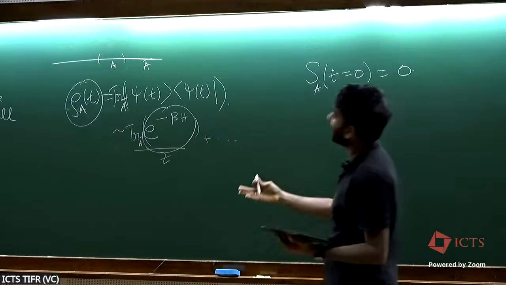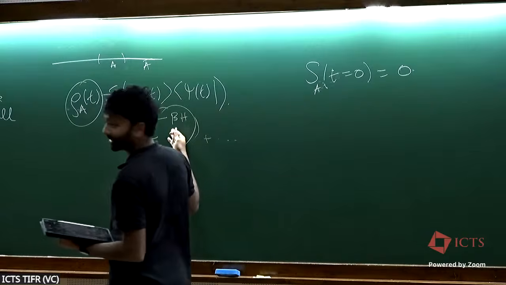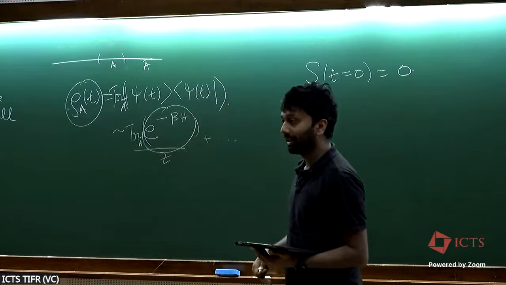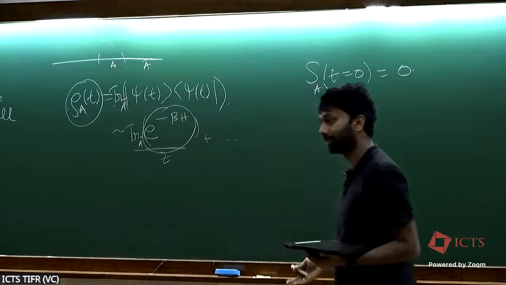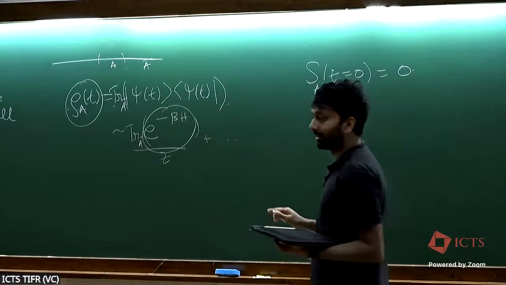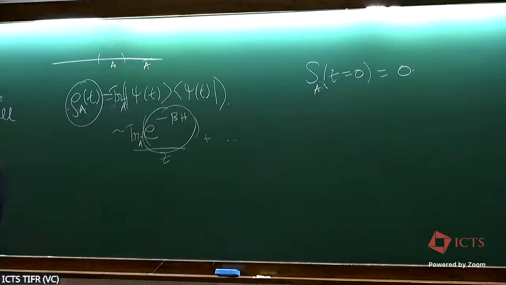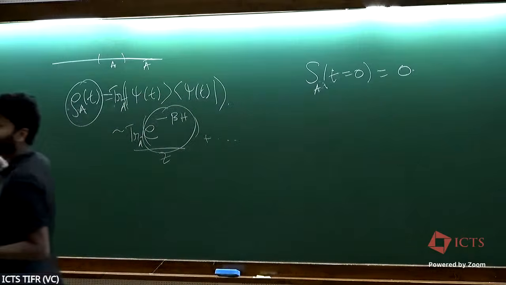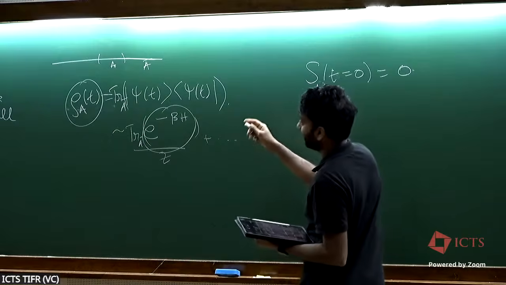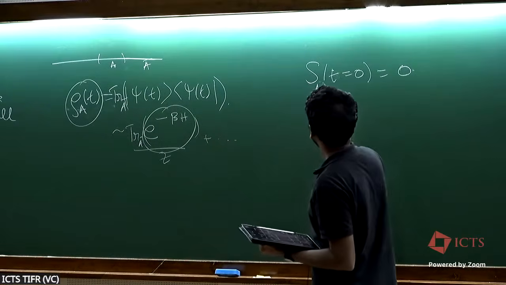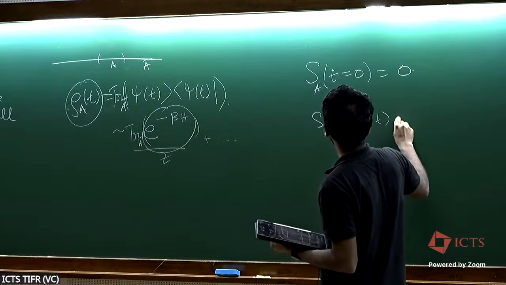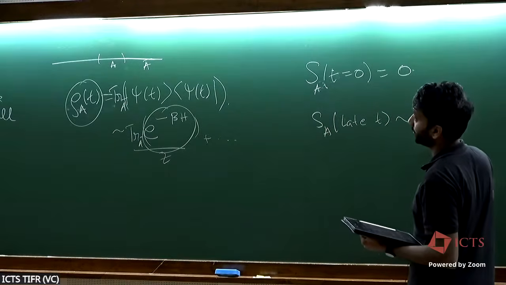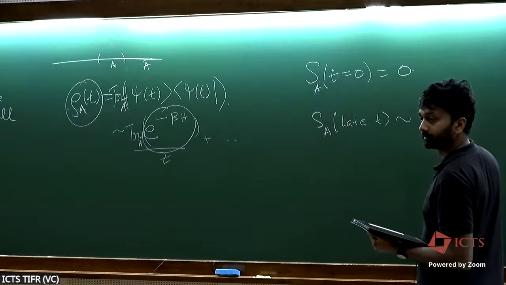But at very late times, you see that the reduced density matrix is the Gibbs density matrix. And the Gibbs density matrix has an entanglement that scales with the volume of the subsystem. One way to see this is again to set just beta equal to 0. And what you will get if you compute the entanglement at late times is proportional to the volume of the subsystem.